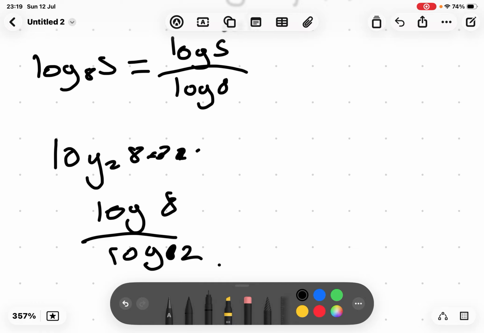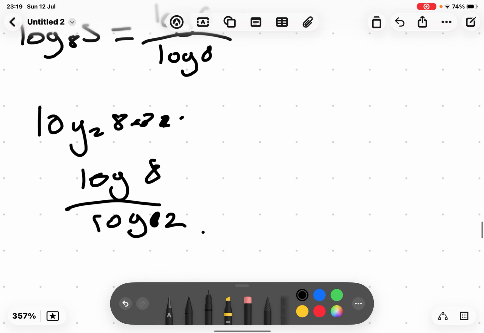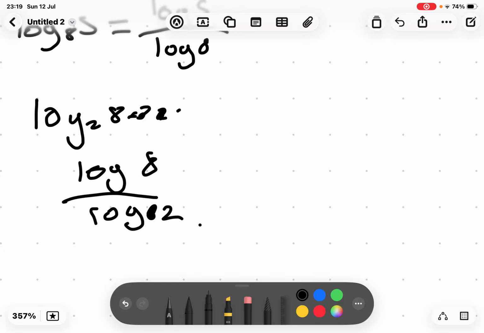Right. So if you start with log base 2 of 8 and want to change the base, you do log 8 divided by log 2. Same value, just written in a different base. It's like converting meters to feet. You're measuring the same length, but with a different unit.